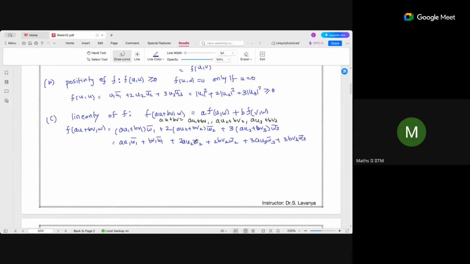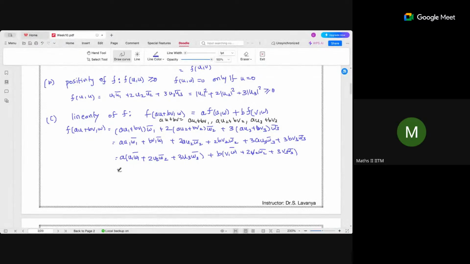Now we are going to pick the A terms separately and the B terms separately. The A terms: U1 W1 bar plus 2U2 W2 bar plus 3U3 W3 bar. And then the B terms: V1 W1 bar plus 2V2 W2 bar plus 3V3 W3 bar.